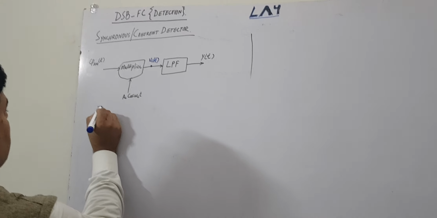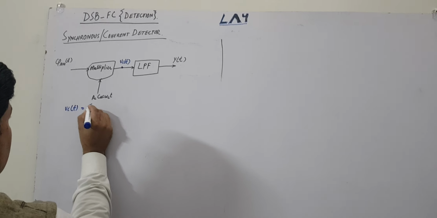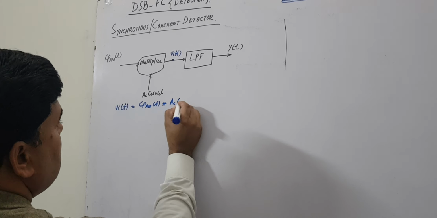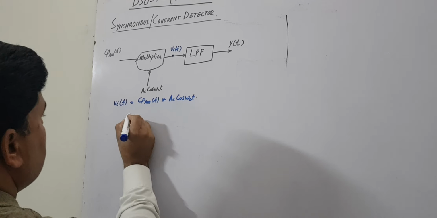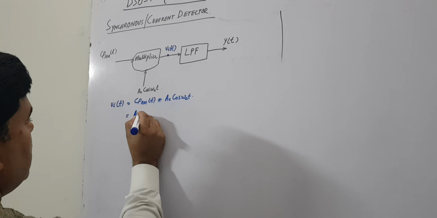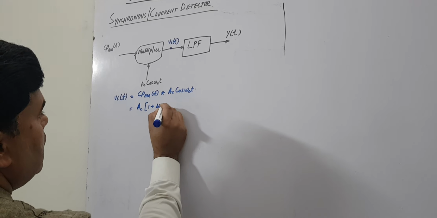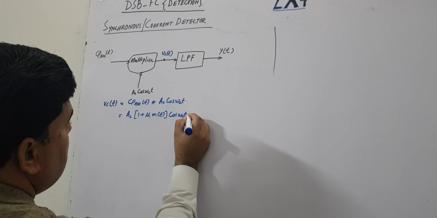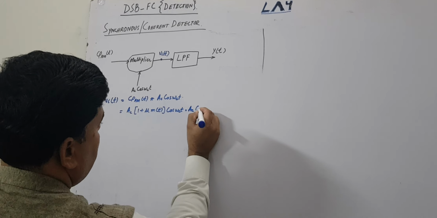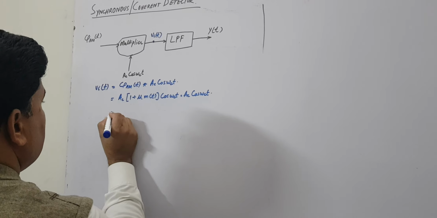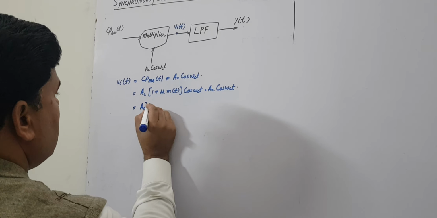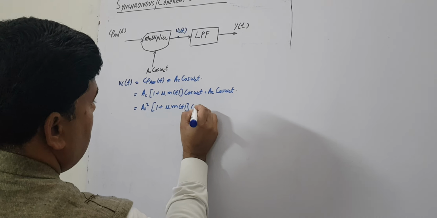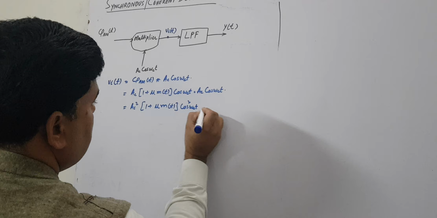Like v(t), you are multiplying the AM signal with Ac cos omega c t. So what is the modulated signal? Ac (1 + mu m(t)) cos omega c t, and then multiplying by Ac cos omega c t. That equals Ac squared (1 + mu m(t)) cos squared omega c t.